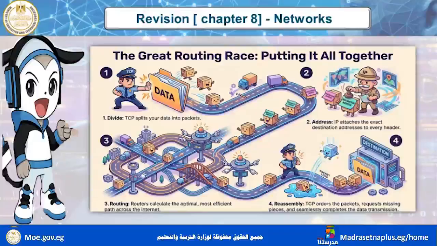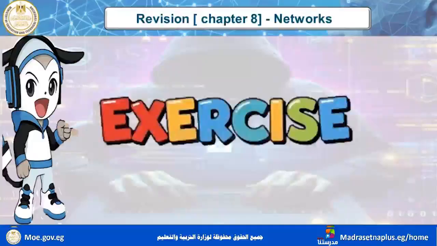The third step is routing. Routers here calculate the optimal and most efficient data path across the internet. And the last step is reassembly, in which TCP orders the packets, requests missing pieces, and seamlessly completes the data transmission.